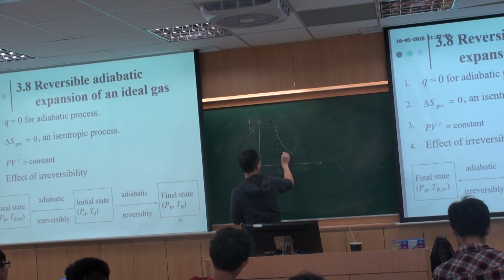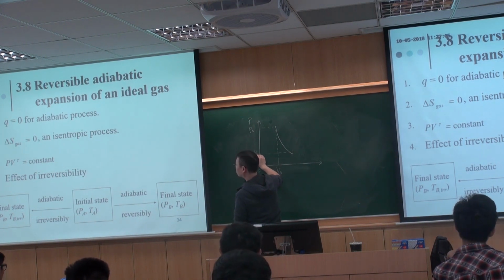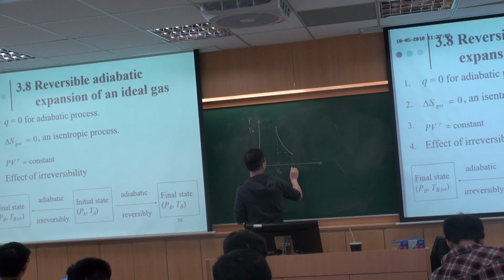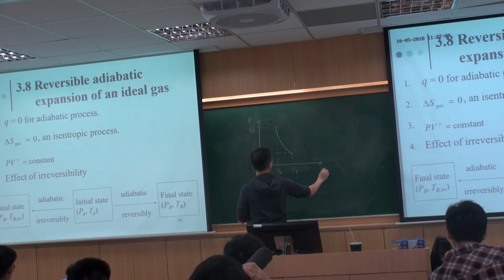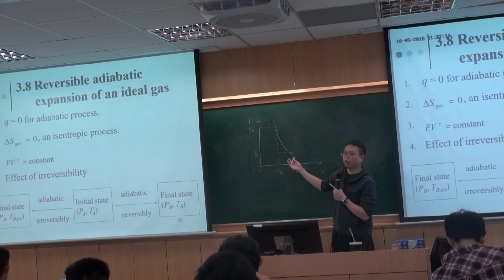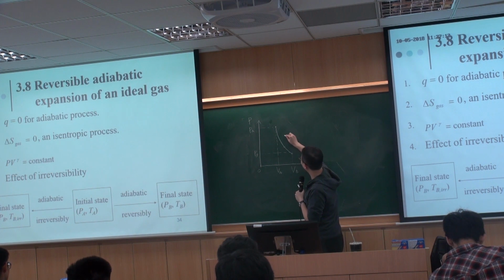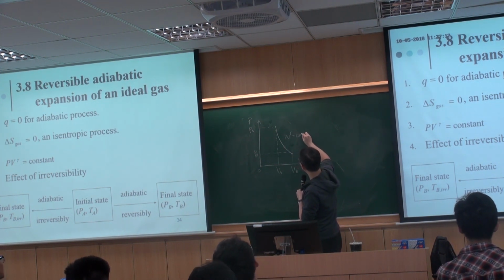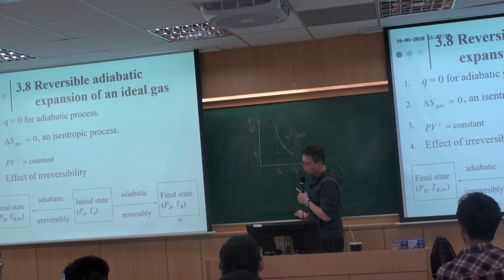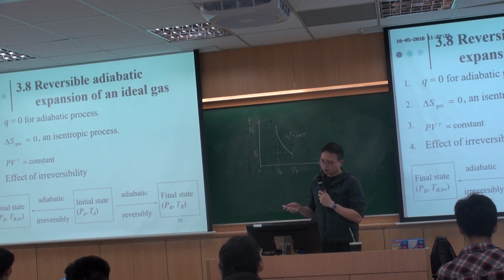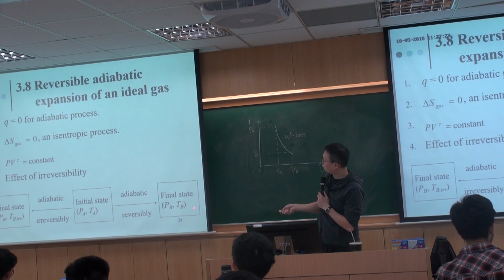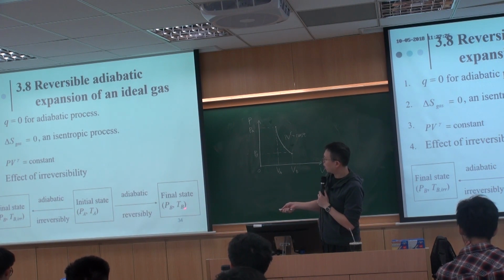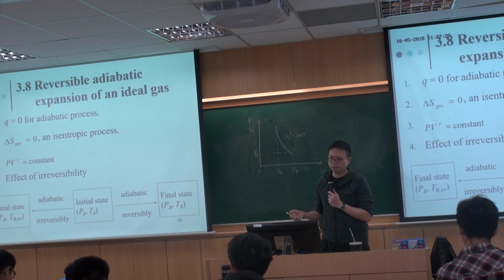And here we have, okay, something like this. And we know that the constraint is that PV to the gamma is a constant. So for an adiabatic process, we know that the final state will end up at some certain temperature, TB.